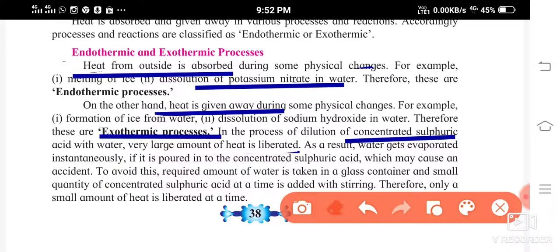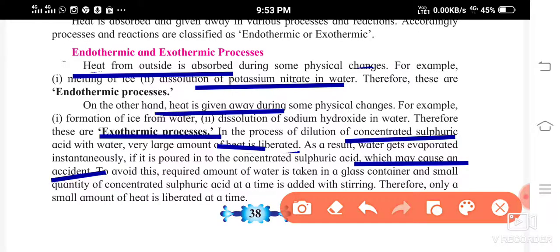When water is poured into concentrated sulfuric acid, the large amount of heat liberated can cause accidents.